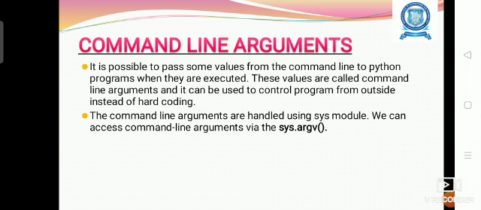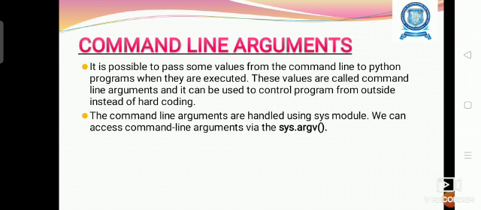Similarly, we can control the entire program execution by giving some commands from the command line. Here the command line arguments are handled with the methods present in one particular module.